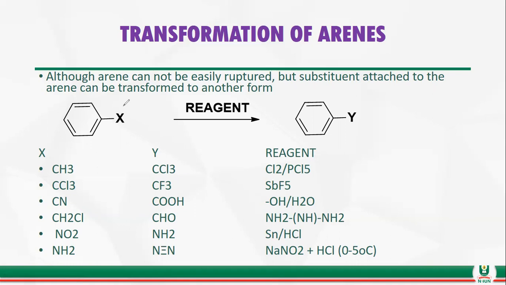So if you know this single logic, then you have already summarized all the things here. What I'm trying to say is that if you have X being any of these things under this group, and you are treating it with a reagent, these are the reagents under this group, it will effectively convert the X to the Y. If you have toluene, it will mean that your X is what?